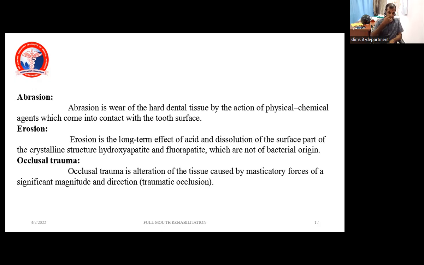The next one is occlusal trauma. Occlusal trauma can be due to the masticatory force of a significant magnitude and direction. That is a traumatic occlusion.